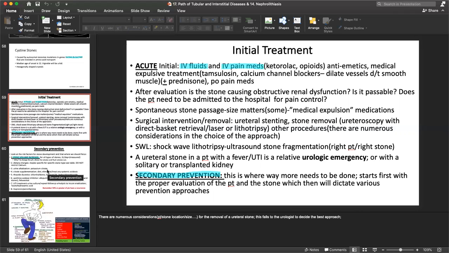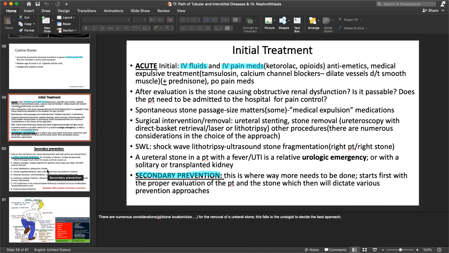Another thing that might be given is alpha blocker tamsulosin, also known as Flomax, the brand name, to help them pass it. If it's big, they may have to surgically remove it.